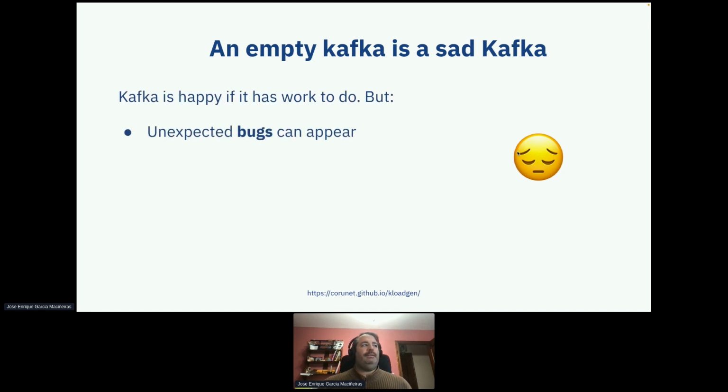So what happens if you don't test your infrastructure? Unexpected bugs can appear. Malformed Avro can show up, so you can produce the message in one way and the consumer cannot deserialize it. That means a lot of problems.